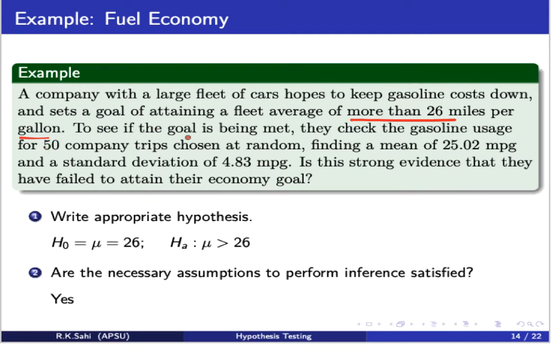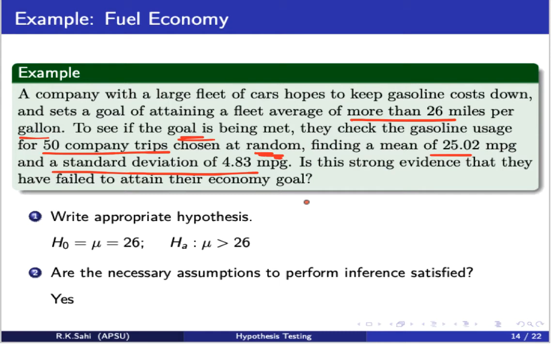To see if this goal is being met, they check the gasoline usage for 50 company trips, chosen at random. They find the mean to be 25.02 miles per gallon and a standard deviation of 4.83 miles per gallon. The question is: is this strong evidence that they have failed to attain their economy goal?